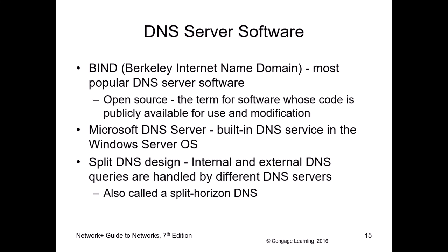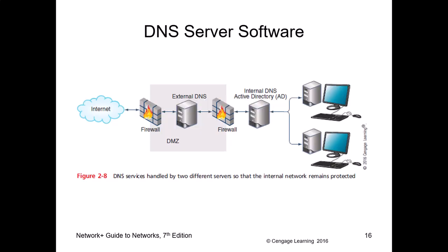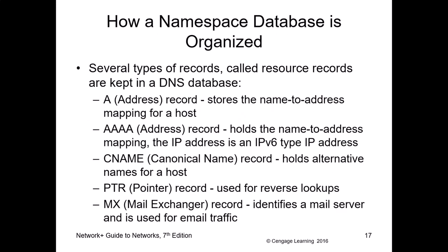Microsoft 2012 servers allow us to do that as well. Okay, and we'll set that up, as we will see later on. And the Active Directory, if and when we take a class in Windows Server 2016 or 2012, you'll be able to set up the DNS server in the Active Directory.